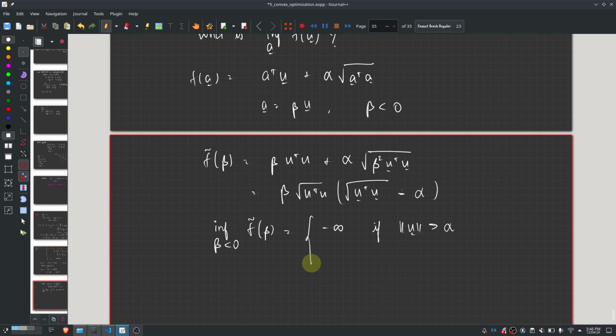Why? In that case, this quantity is always non-negative, so this is equal to 0 otherwise.